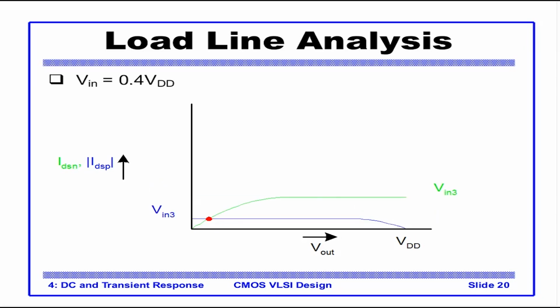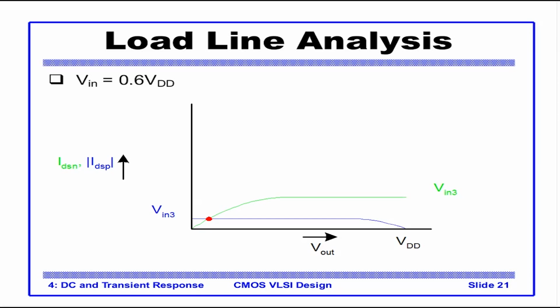Again, when V in is 0.6 VDD, V in is now closer to VDD than it was to VSS. So now the NMOS is turned on and the PMOS is kind of going into turn off. So we'll see V out, which is very close to 0. Again we remember, V out is the point where both the curves intersect.